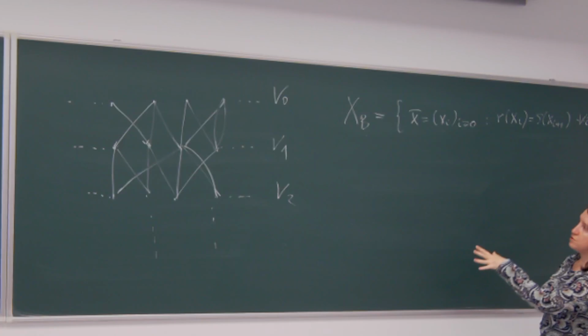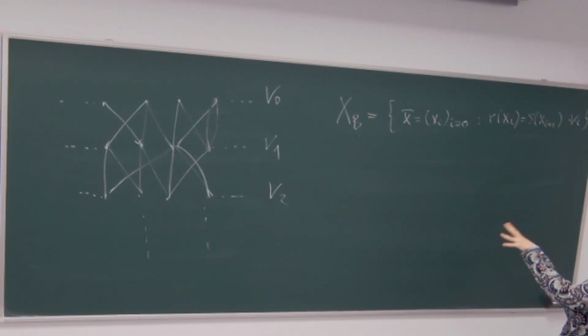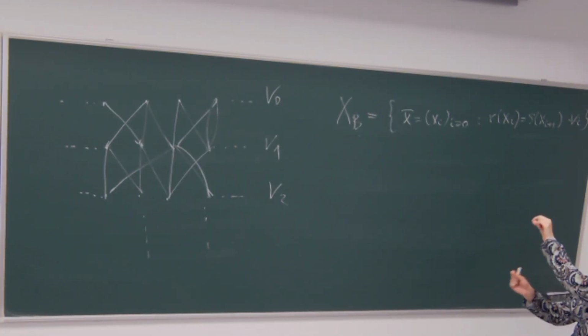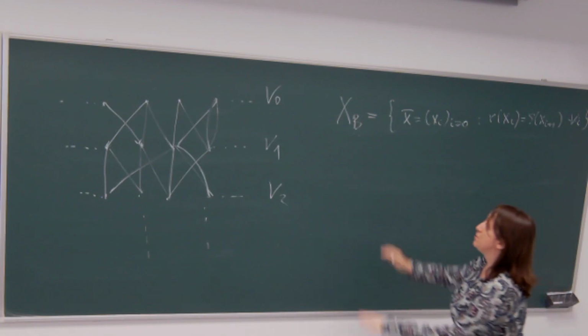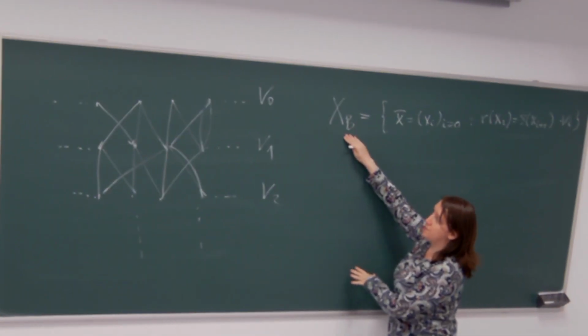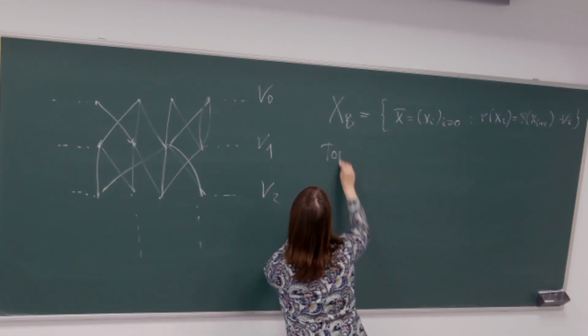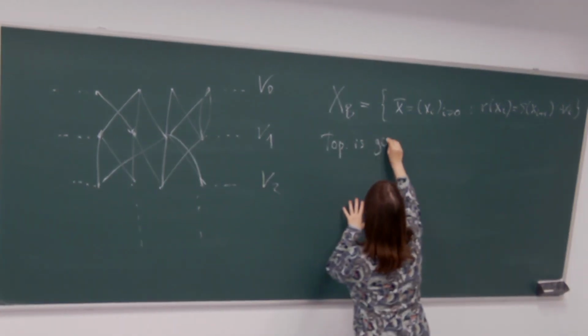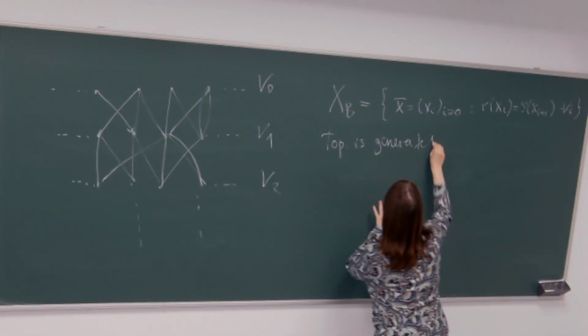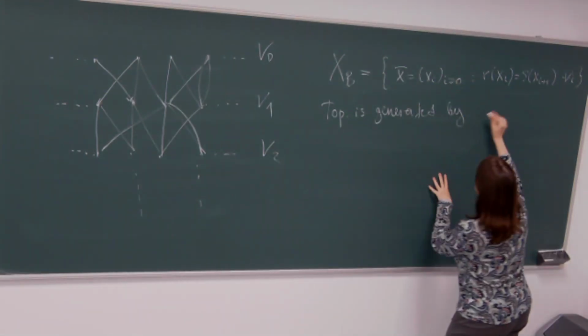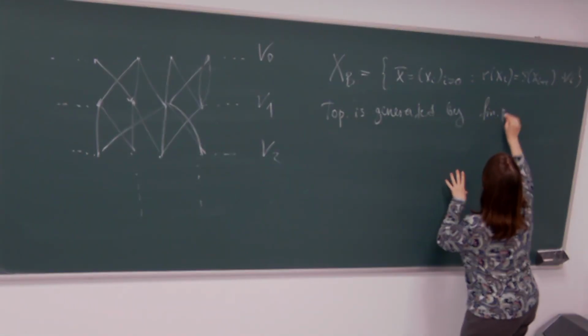And now we introduce the topology of this path space, which is generated by finite paths or cylinder sets. And also we are interested in the case when X_B is uncountable.